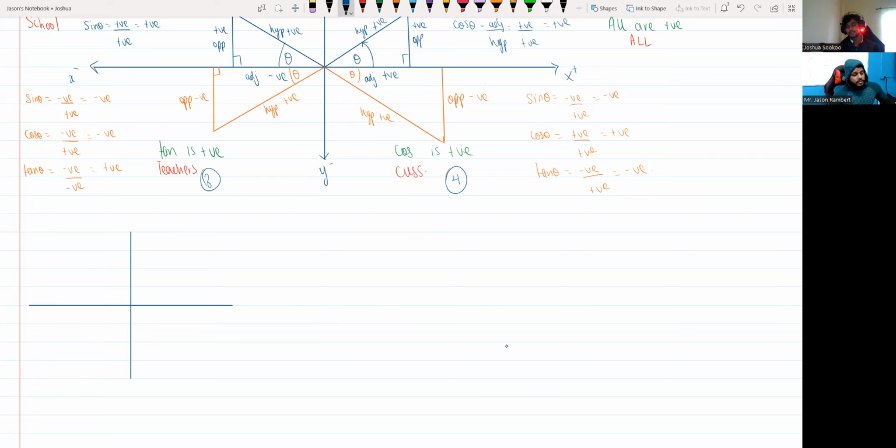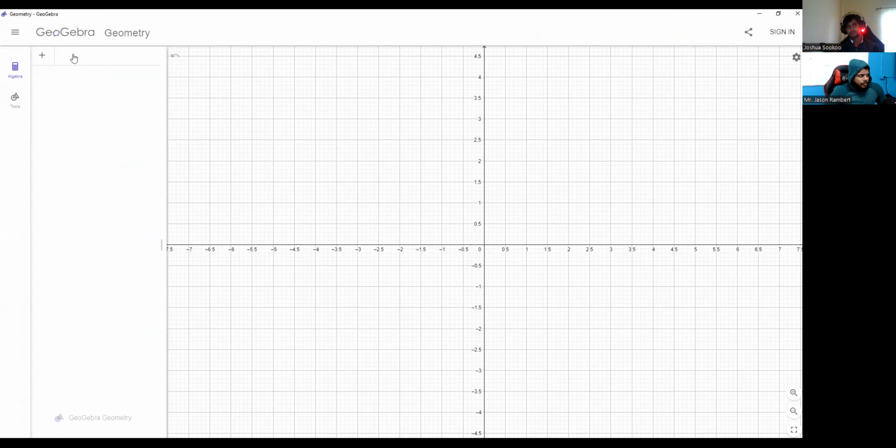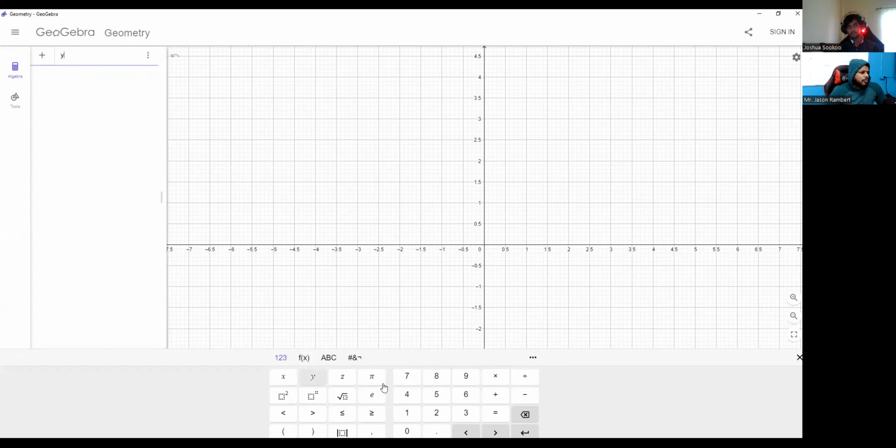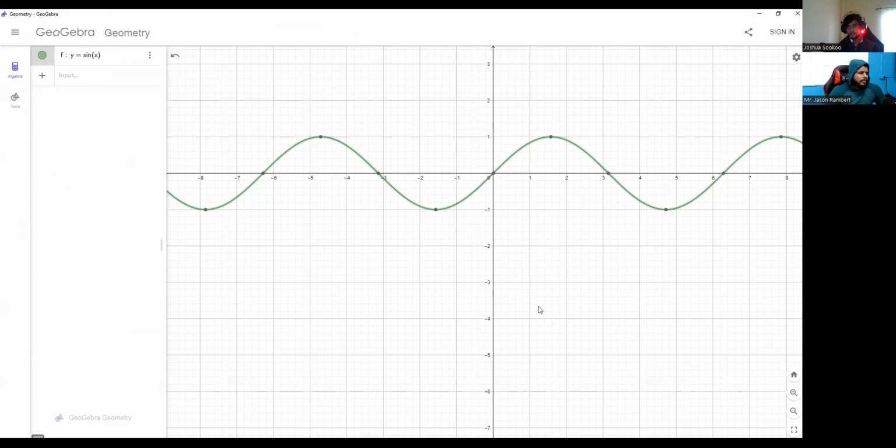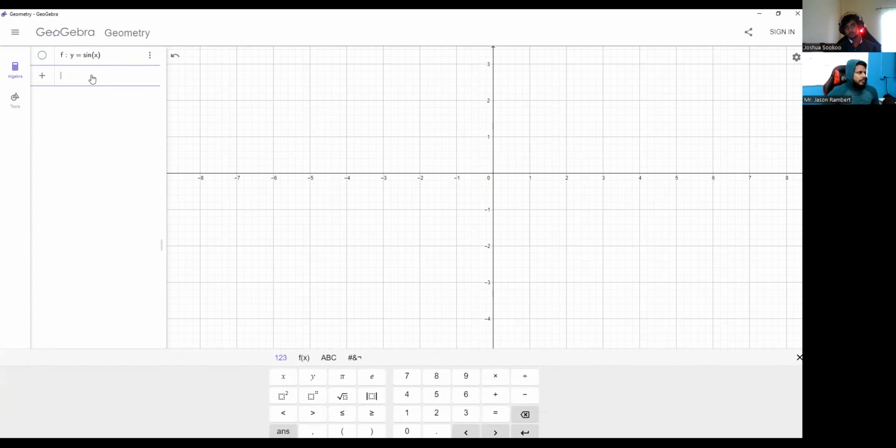If I were to dive into GeoGebra and draw y is equal to sine of x, I get this. Just as I draw y is equal to x squared, or a straight line, or a polynomial, there is a graph for y is equal to cosine x, sine x, and tan x. Now, I'll hide this for now.